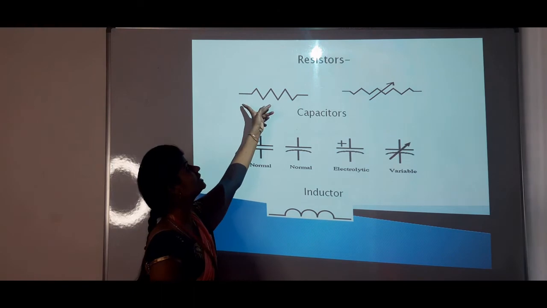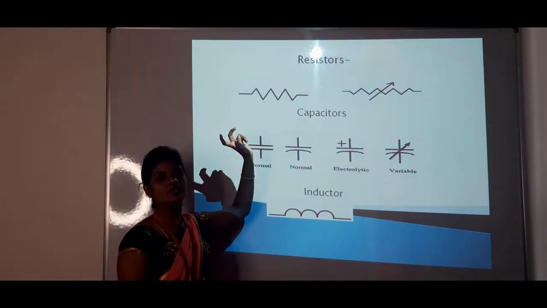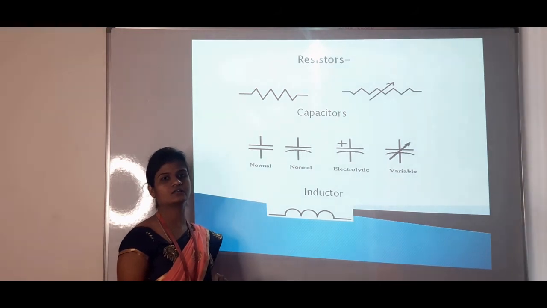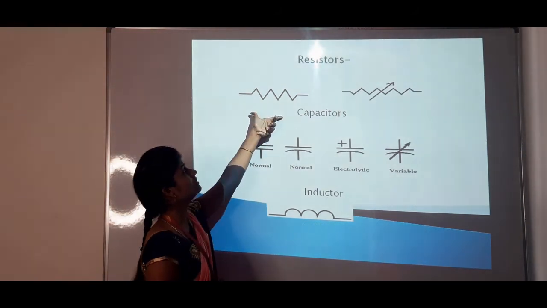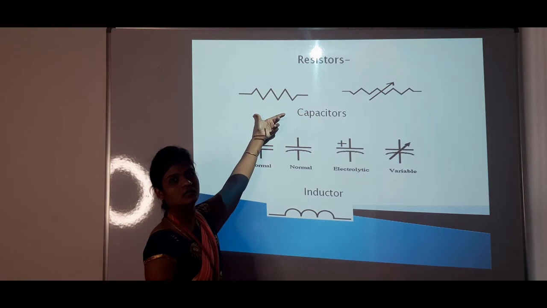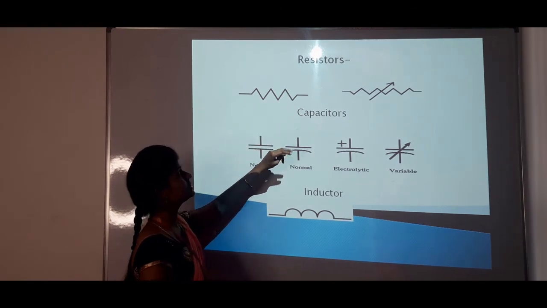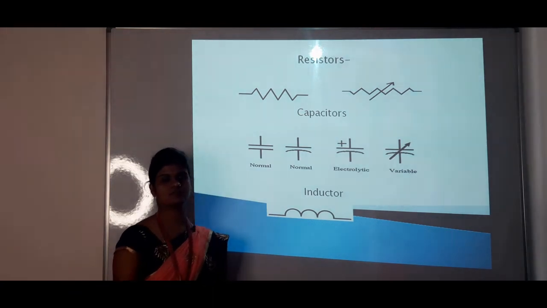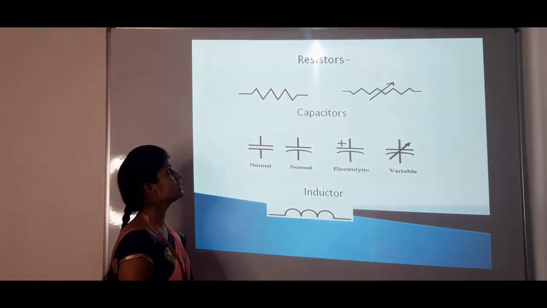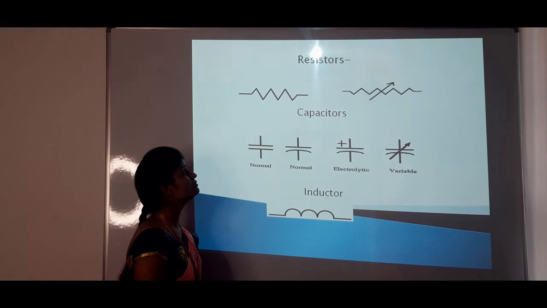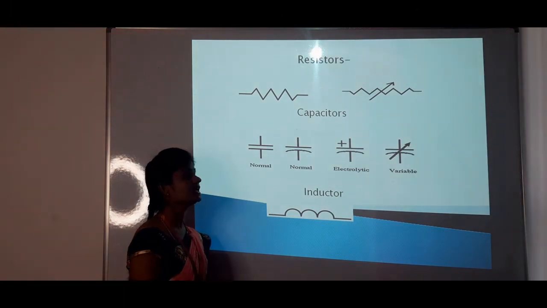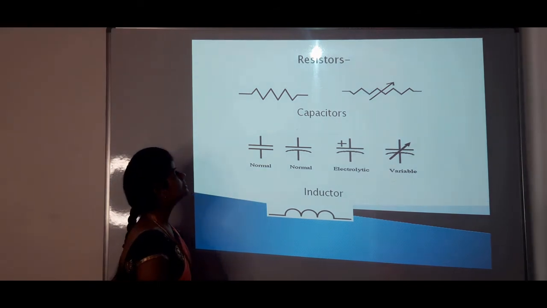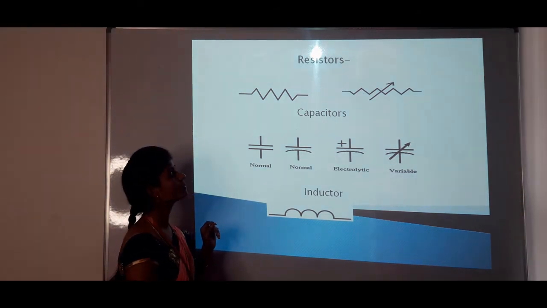That means both the leads can be used to connect this resistor into the circuit between these two end leads. Firstly, we see this type of resistor, that is the linear resistor. This linear resistor can be connected in both directions.